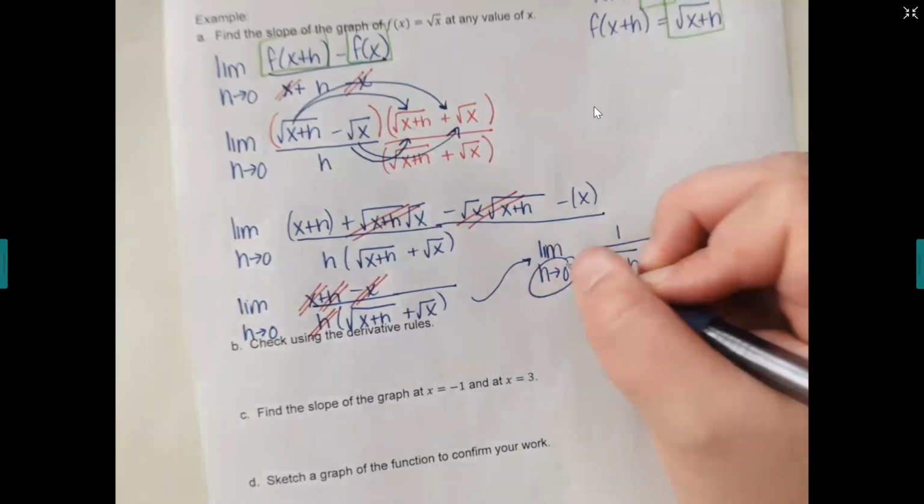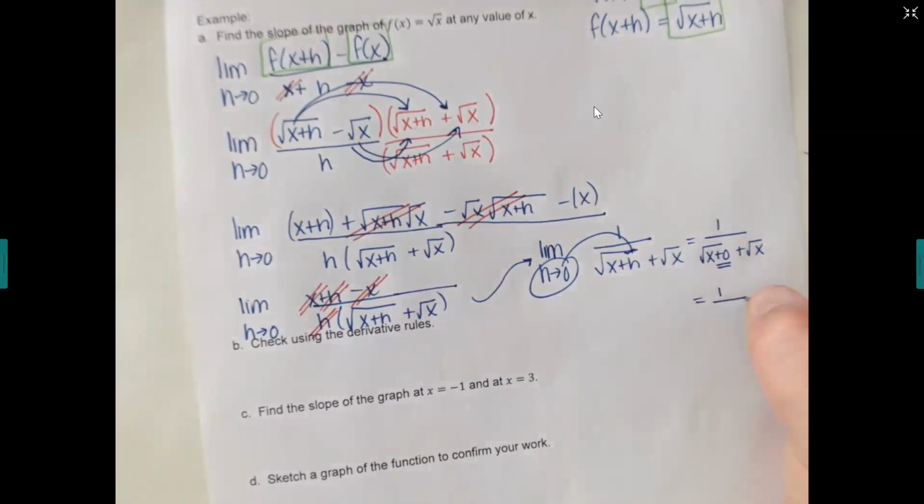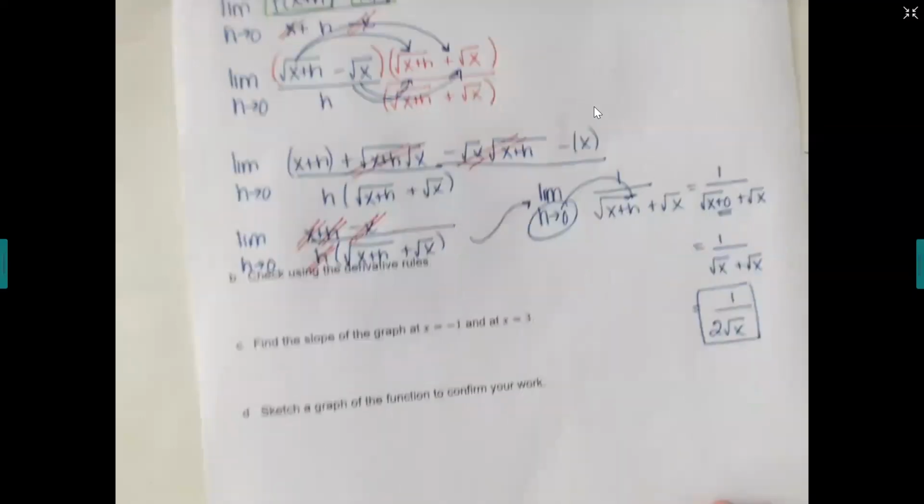So we can take our 0, pop it in right there, which means I have 1 over root x plus 0 plus root x. Well, remember that adding 0 to something doesn't really matter. So really, this is just root x plus root x, which means on the bottom I really have 1 over 2 root x.